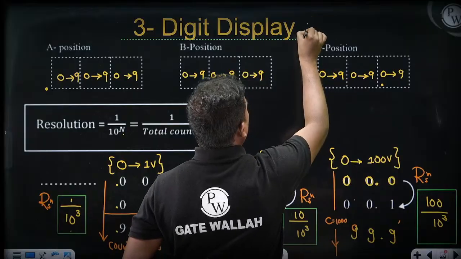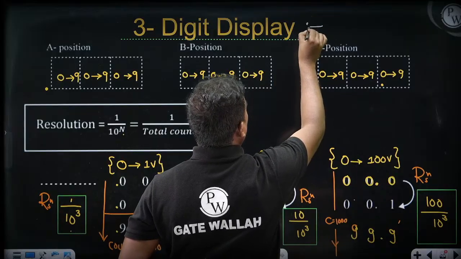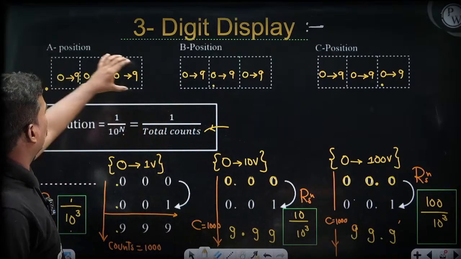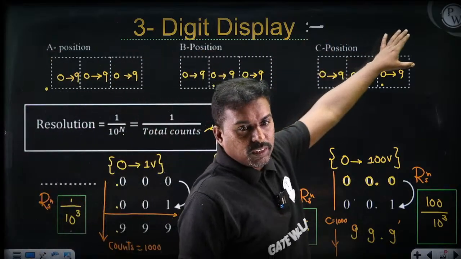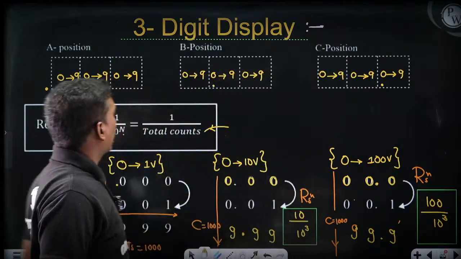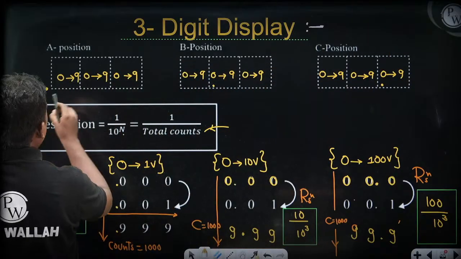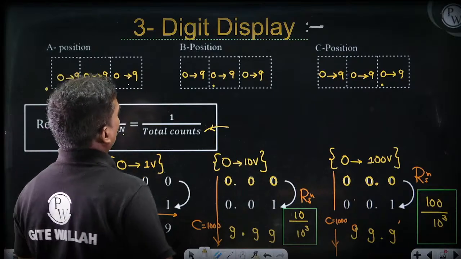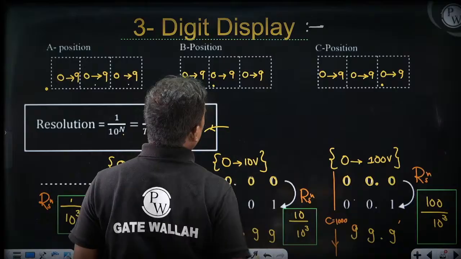In the 3-digit display, we have positions like this: A position, B position, C position. These are full digits changing from 0 to 9. This also changes from 0 to 9, and this also.